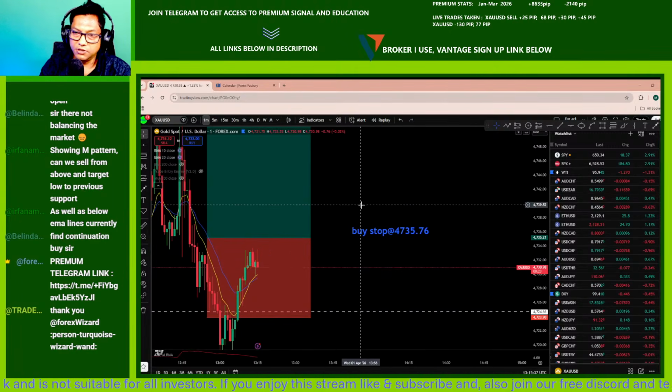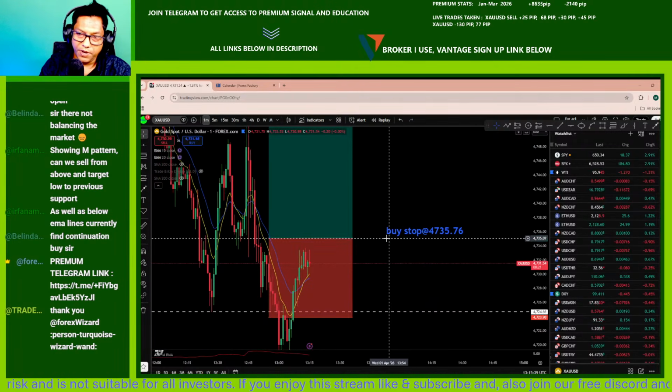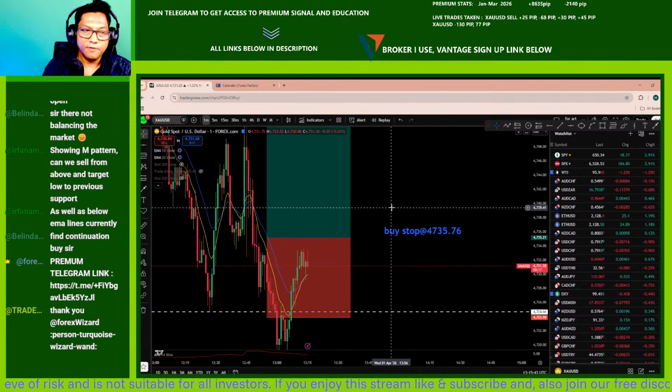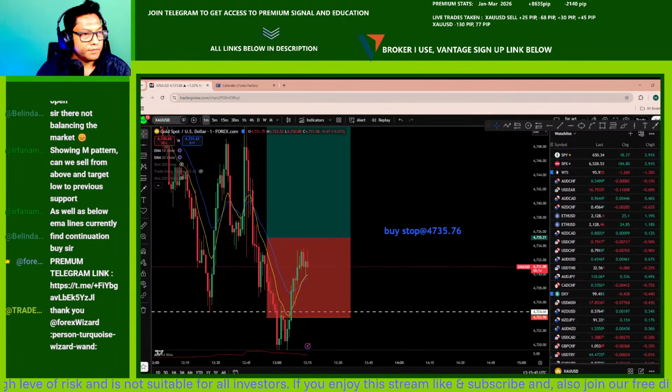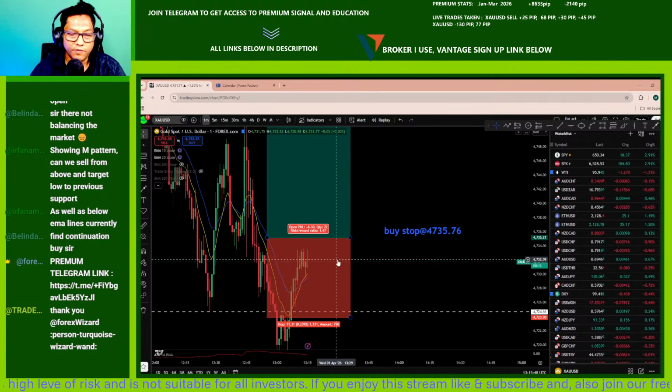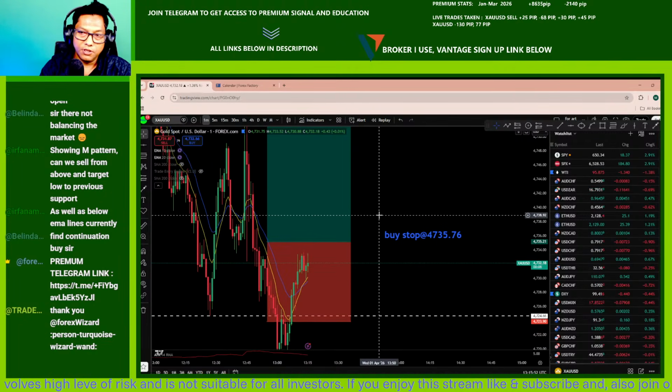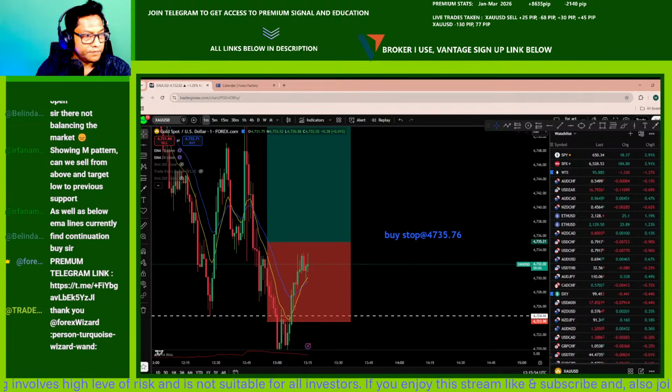Here's the market. If you look, our pending order is above. If the market goes up here, we will be looking at entry in this trade.